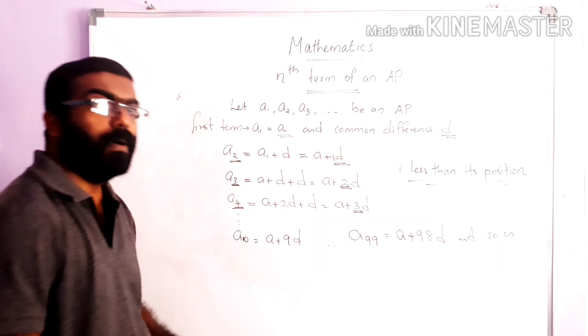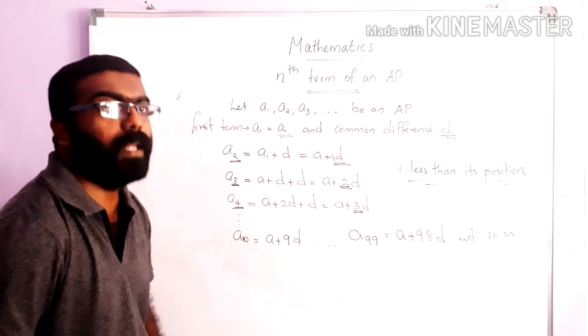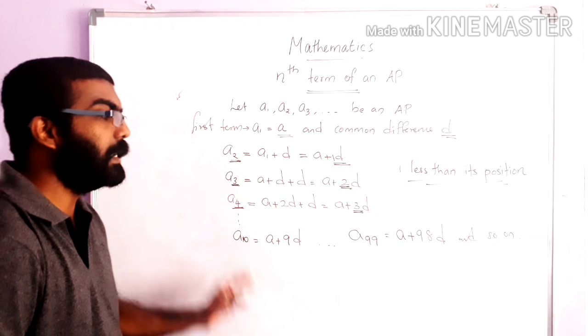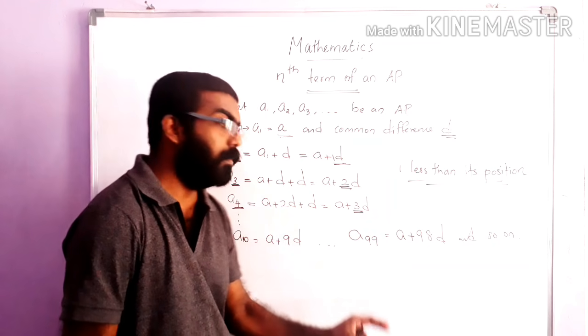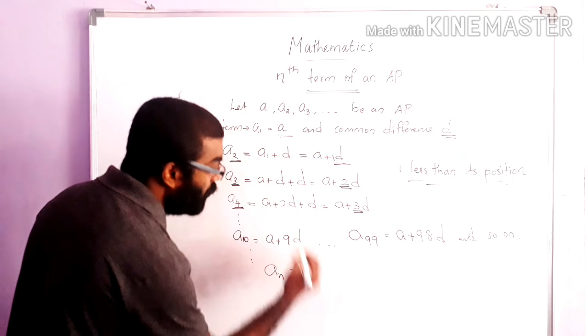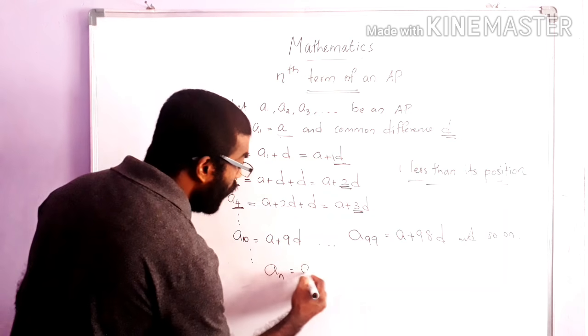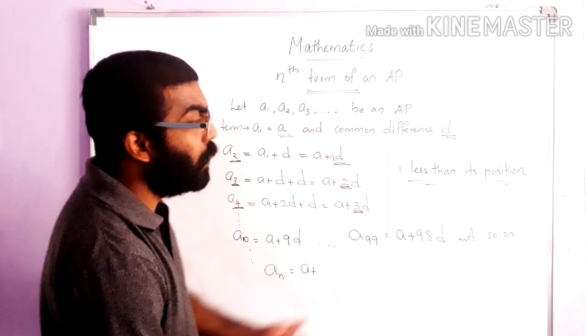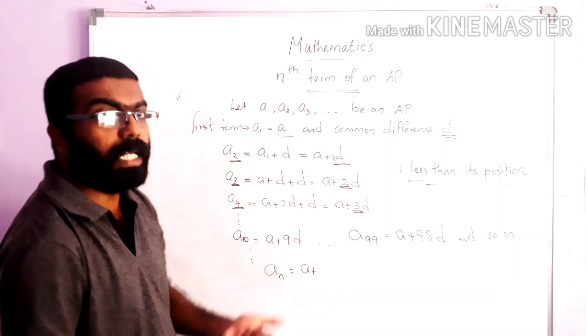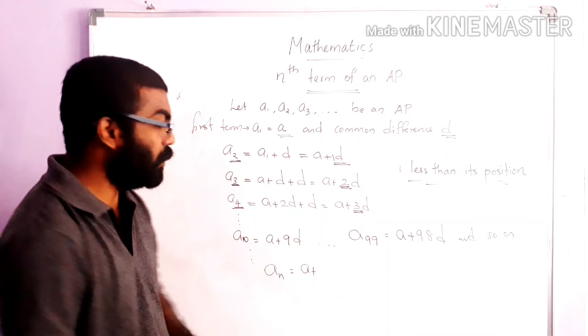So if we want to find the nth term, like second term, third term, fourth term, 10th term or 99th term, if the position is n, then what can we write? An is A plus, according to the rule, the coefficient of D is 1 less than its position.